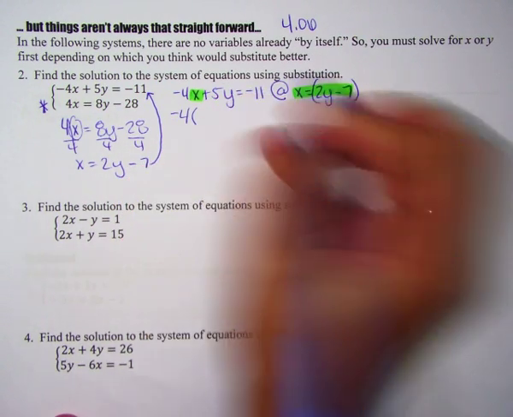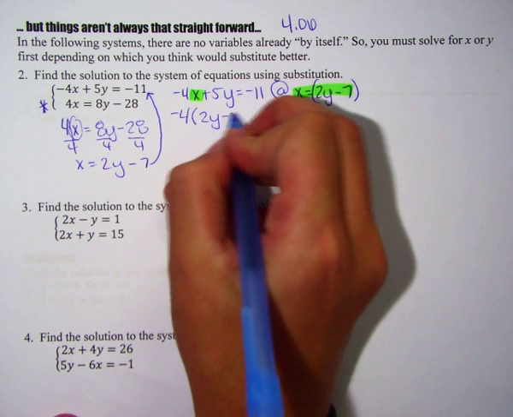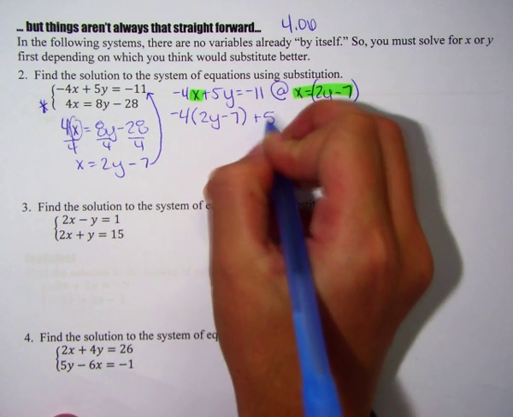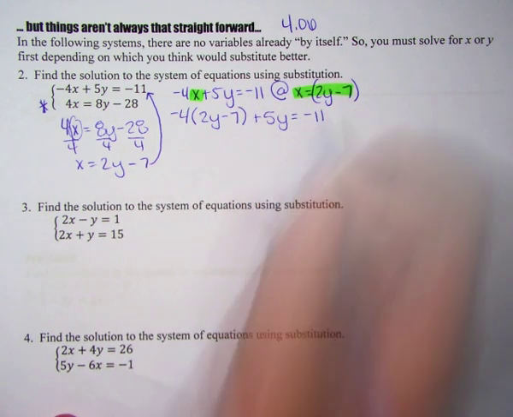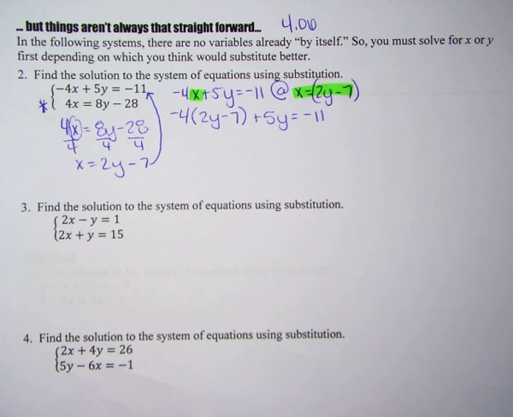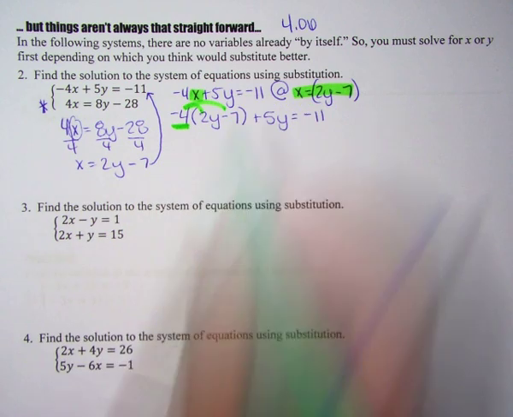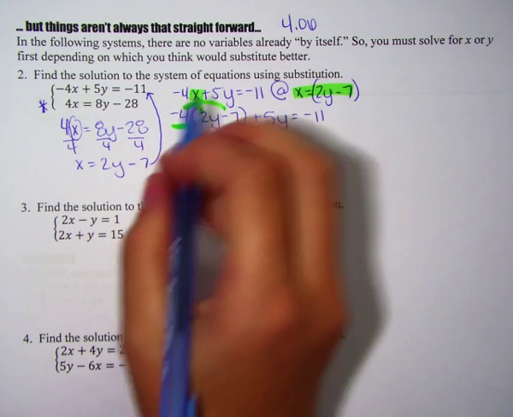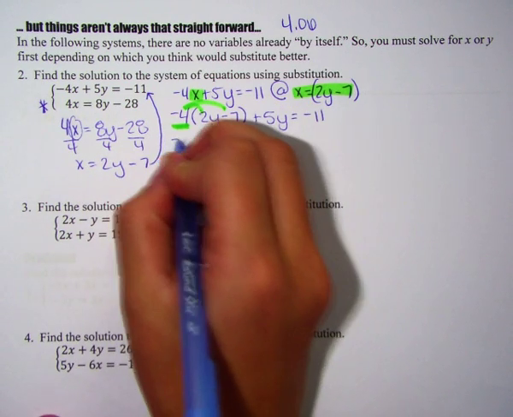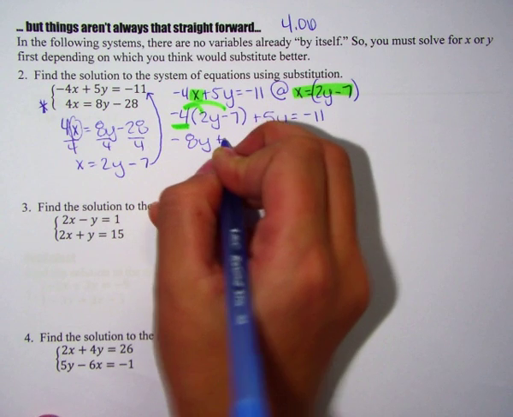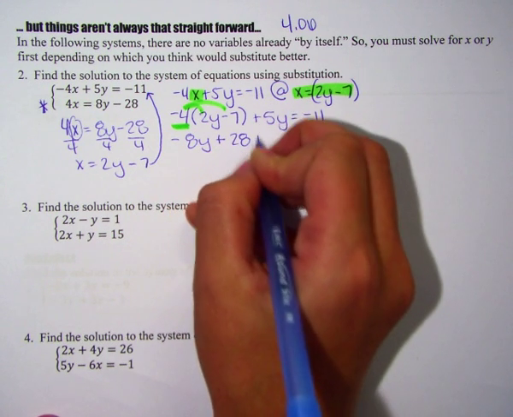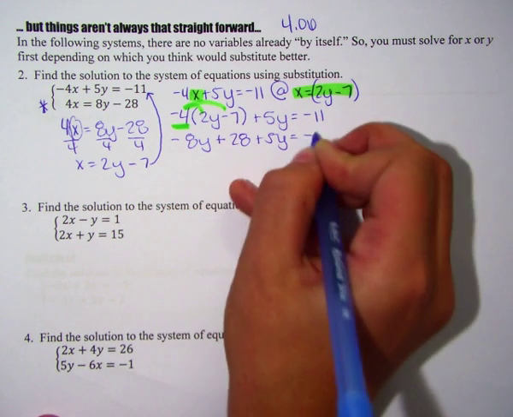So negative 4 times the quantity 2y minus 7 plus 5y equals negative 11. Okay? I'm going to distribute a negative 4 to both of these, making this negative 8y plus 28 plus 5y equals negative 11.